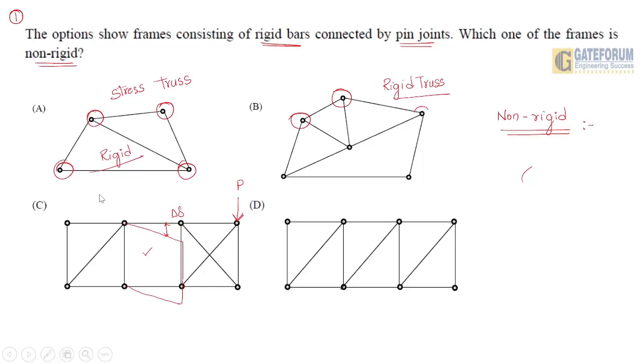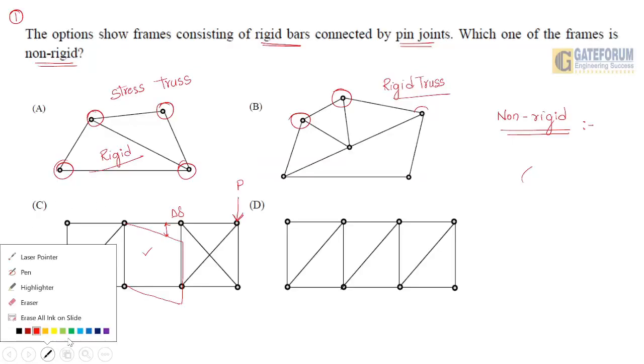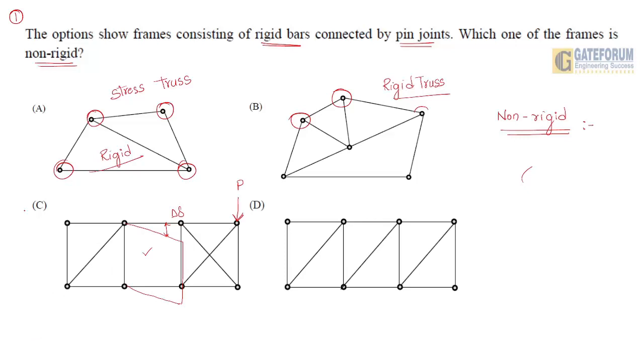So we can clearly say that option C will be the right answer for this question, because there will be a particular deflection at point P where the load is applied, right? So what will be the answer here? The answer will be option C. Option C is the right answer for the given question.